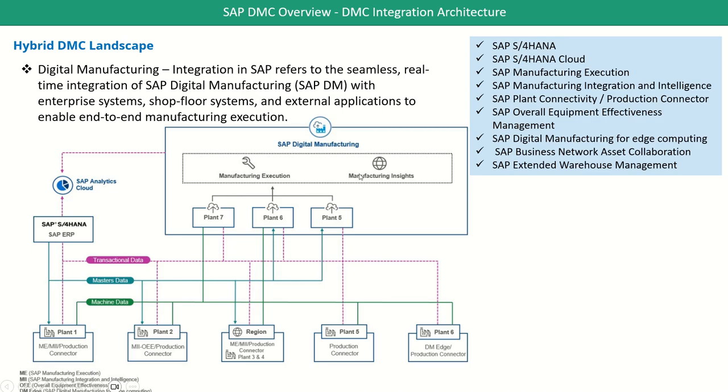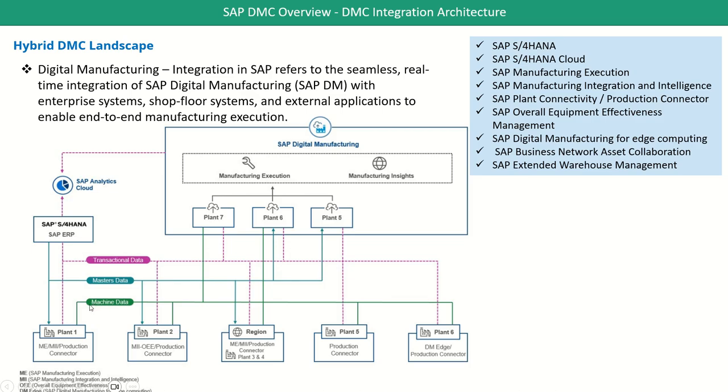So we can use resource orchestration on SAP Digital Manufacturing on cloud, and that will be pushed to the SAP ME as well. And this is the master data. Transactional data is also pushed to the different plants from S4 HANA or the SAP ERP system.